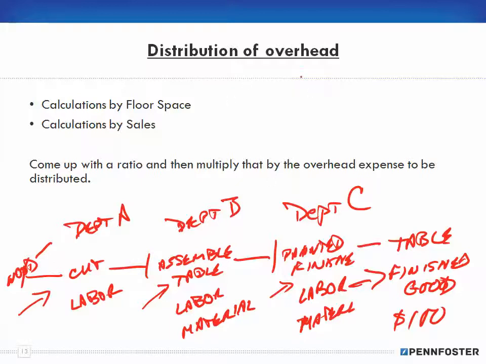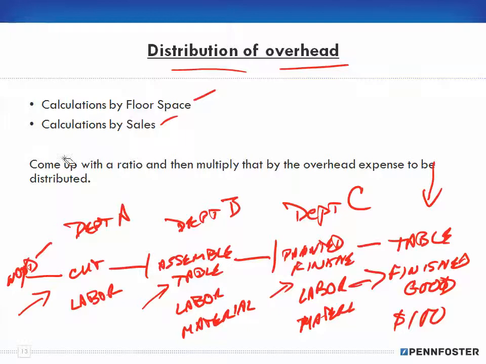Okay. And that's what the distribution of overhead is about. You have all of these additional overhead costs that are part of the final cost of the item produced. And you have to be able to distribute it in a certain way. You have to be able to distribute it accordingly. And that's where the calculations by floor space or calculations by sales come in.